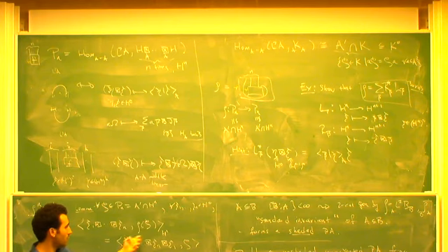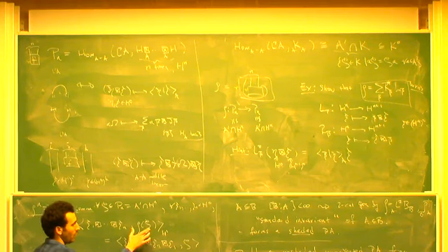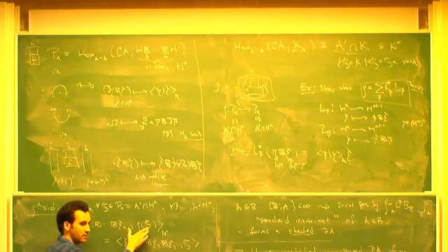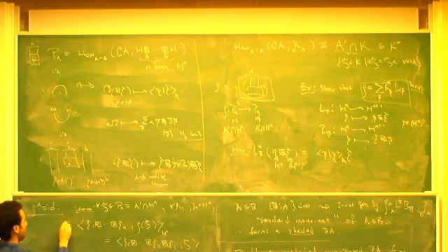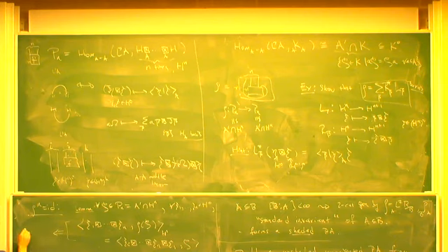So if I peel off n times, the inner product of rho to the n of zeta with psi 1 through psi n is the same thing as the inner product of zeta with psi 1 through psi n. And that tells you this.